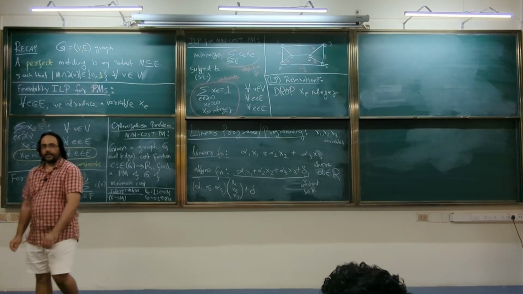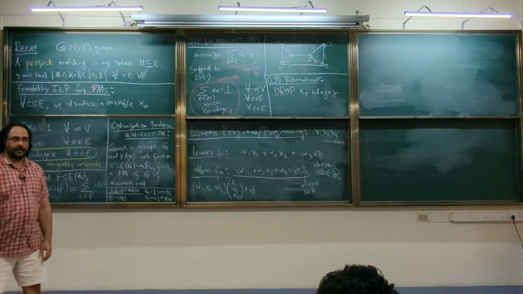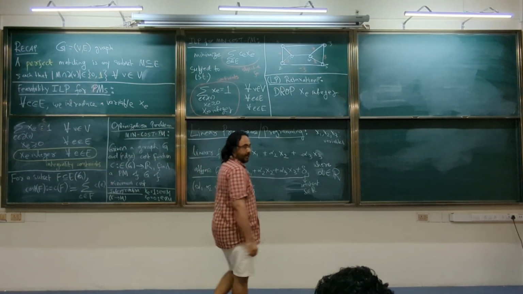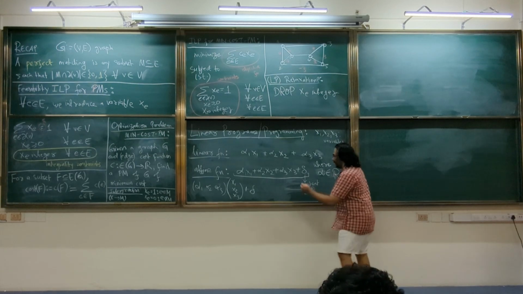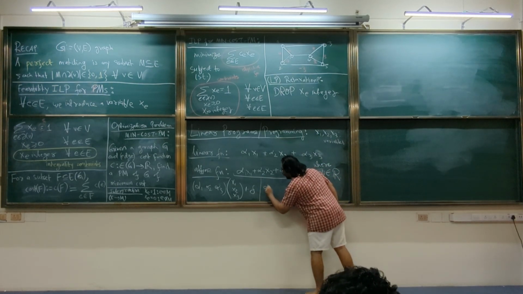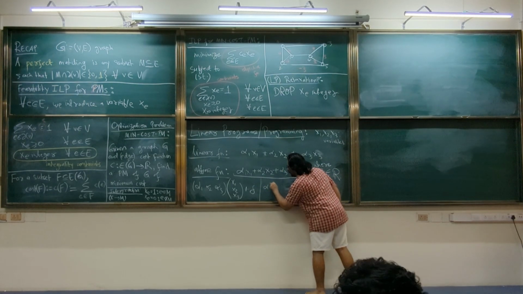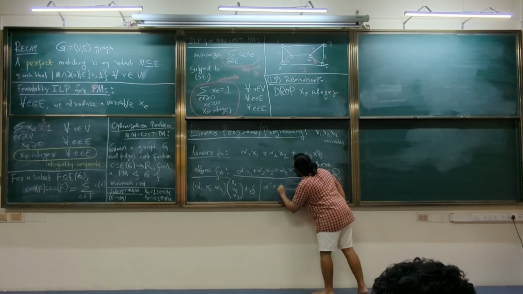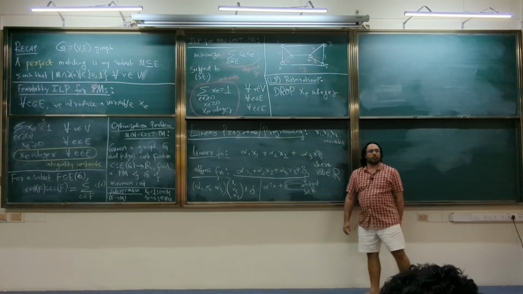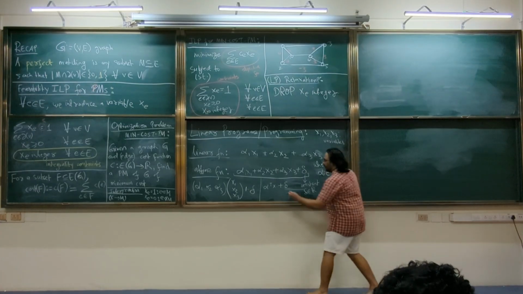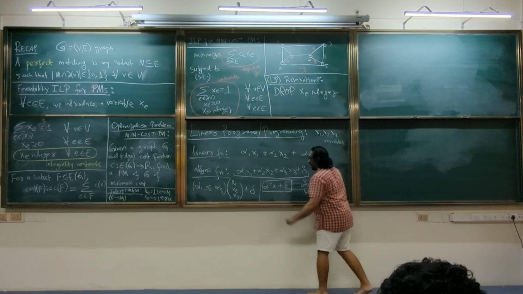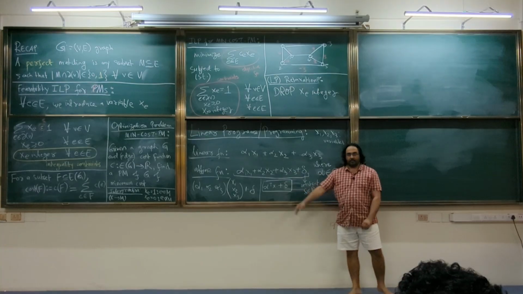In general, vectors in this course will be column vectors, and therefore to indicate row vectors, we'll use transpose. So one way to indicate this would be alpha transpose, my row vector, times my column vector x, plus delta. So that is an abbreviated way of writing the same thing.